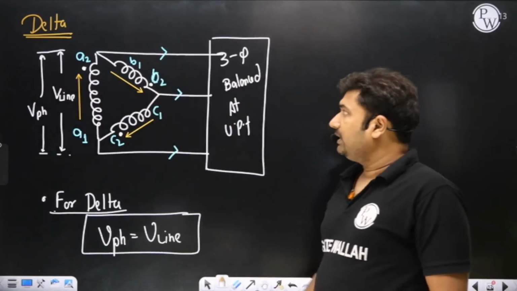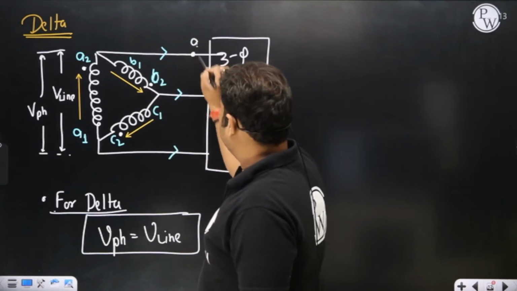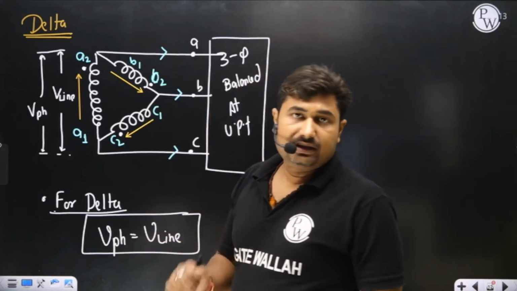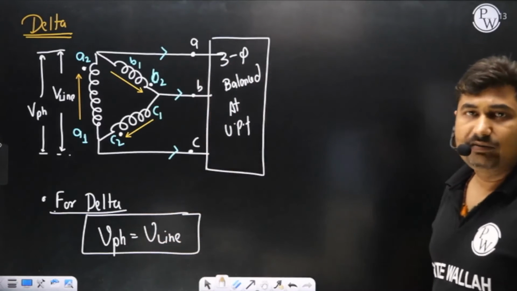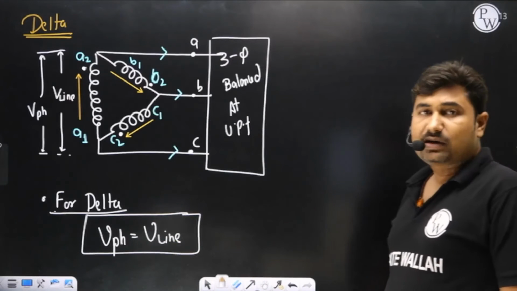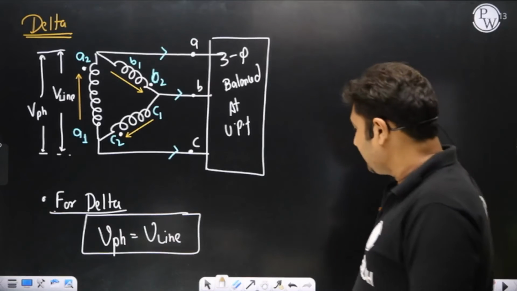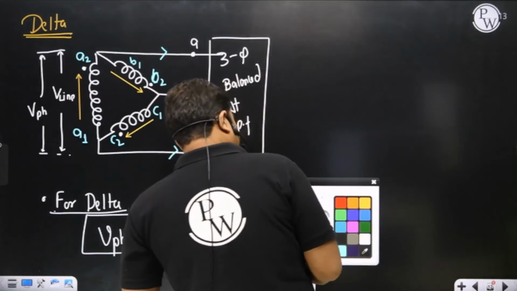The voltage between A line and B line, or from A line to C line, is the line voltage, and the voltage across A to A1 is the A phase voltage. Is it okay? Yes, sir. So for delta, line voltage and phase voltage are the same.